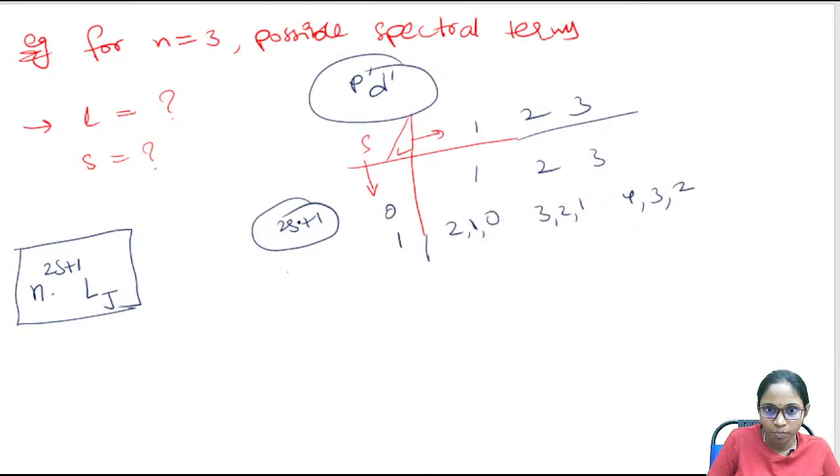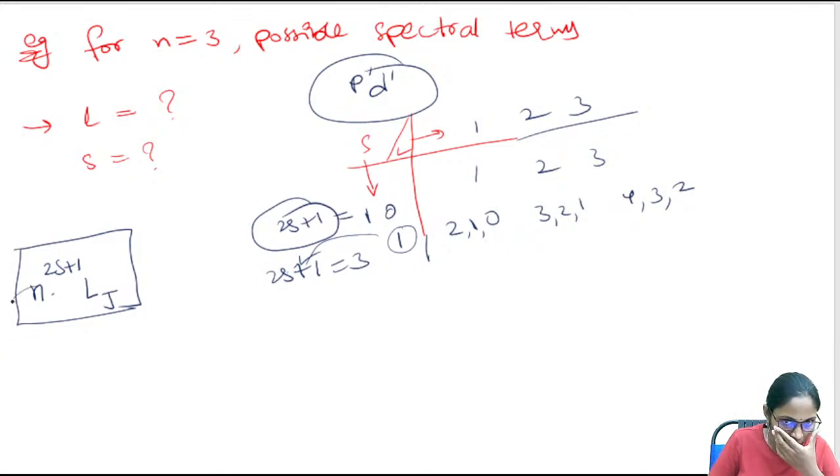What about the multiplicity? For S equals 0, multiplicity will be equal to 1, and for S equals 1, multiplicity will be 3. Okay, so let's see. And here we don't know the n value, so I'm neglecting this, and I'm writing 2S plus 1.